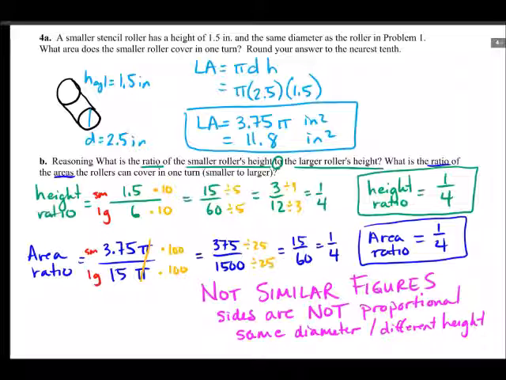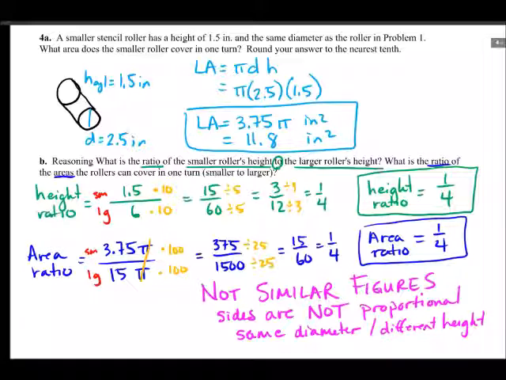Now, bravo if you wanted to square your height ratio to get your area ratio, but you have to be careful. These are not similar figures. The sides are not proportional. We have the same diameter and different heights.